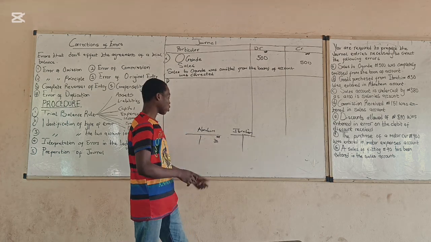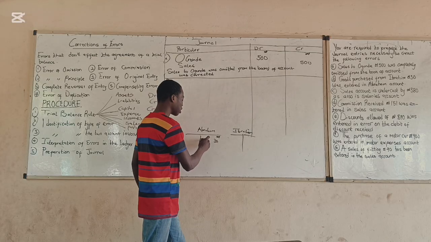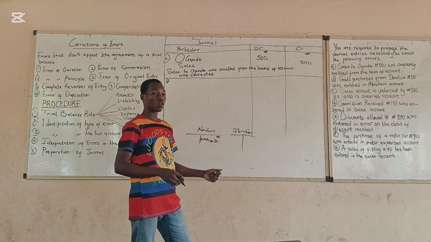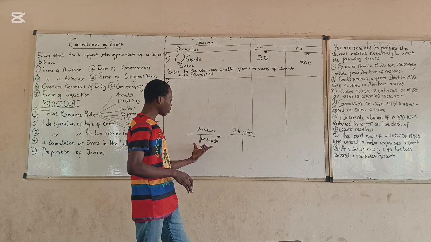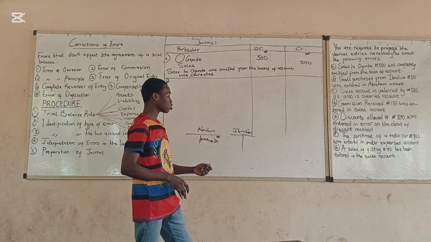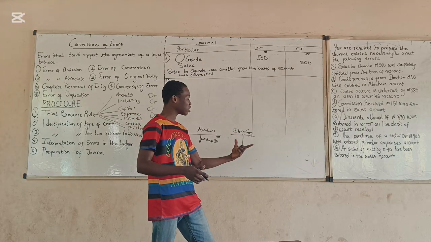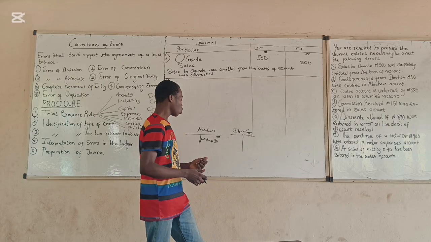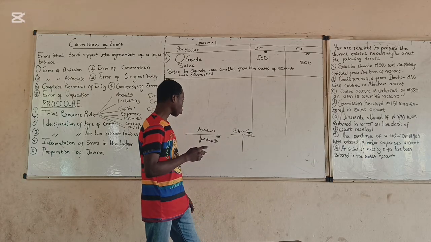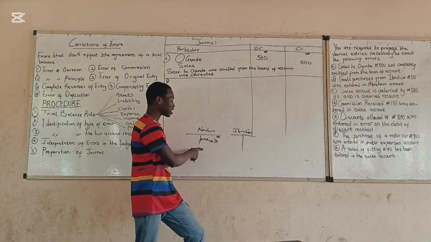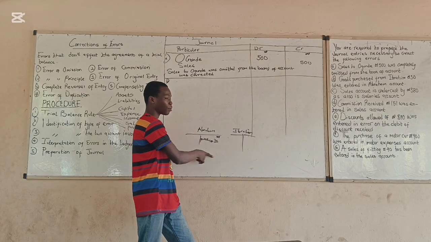So what do you think will happen? We know it's going to be purchases, right? How do you correct this? They mistakenly credited Abraham account, but now we want to correct it. To correct it, we are going to credit Ibrahim account. When we credit Ibrahim account, we need to cancel out the wrong transaction, that is, we need to close Abraham account.